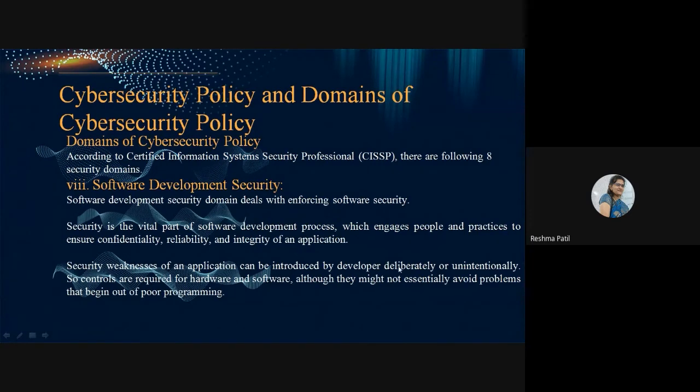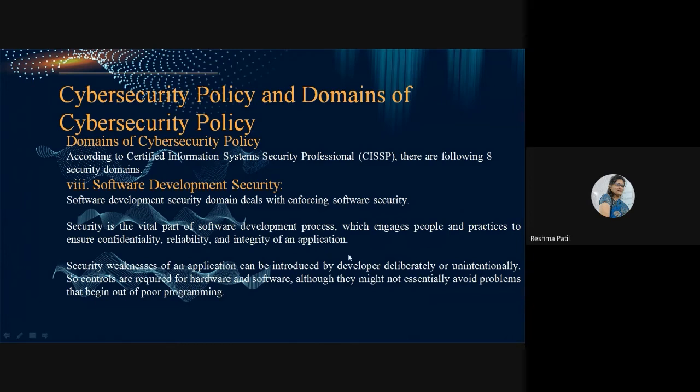Deliberately, they will keep a loophole in the system. Because of that loophole, further they can attack your system, or they can use that weakness afterward if anything wrong happens with them. For that purpose only, they will keep the loophole in the system. Or unintentionally means they are not aware of that attack or that weakness.